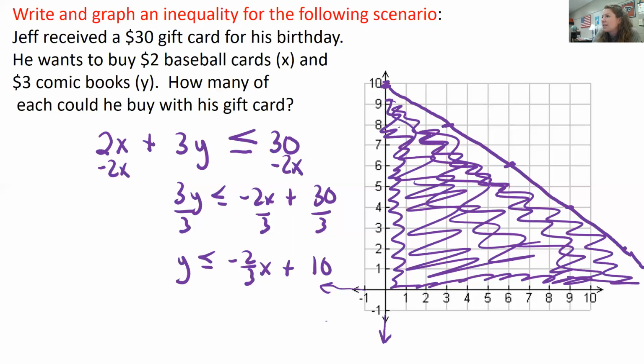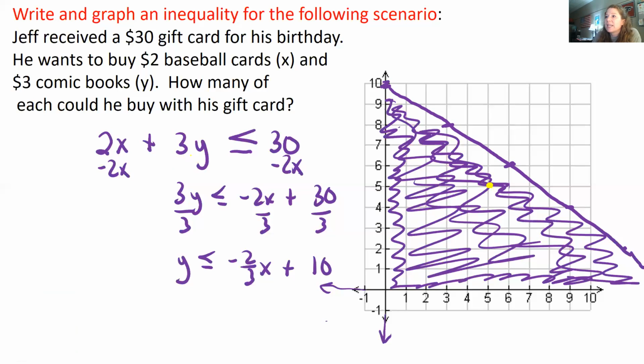So for example, what is this? Let me change colors. What is this point right there? Well, it says that x is 5 and y is 5. So if I bought 5 baseball cards, that would be $10. If I bought 5 comic books, that's $15.